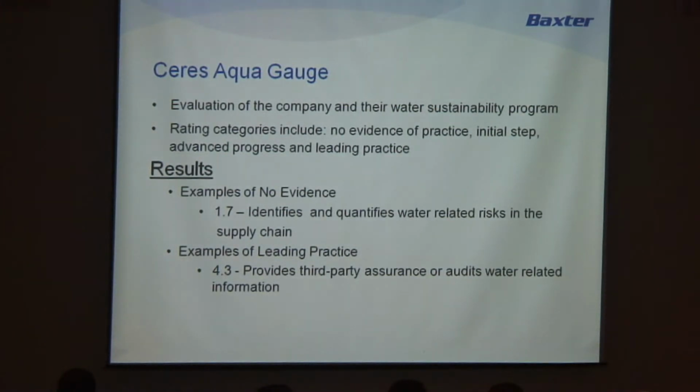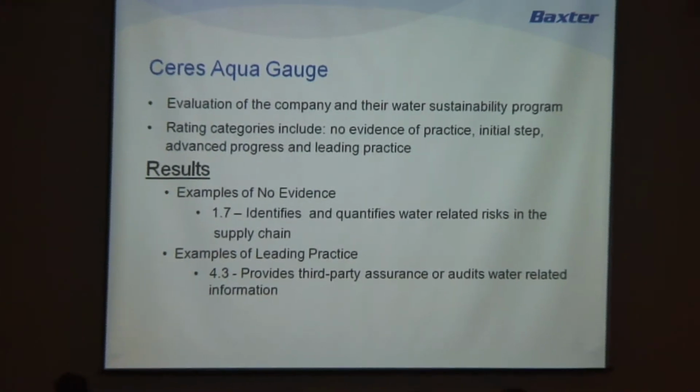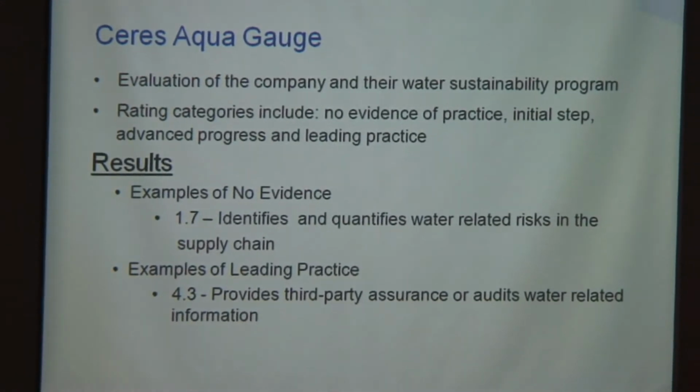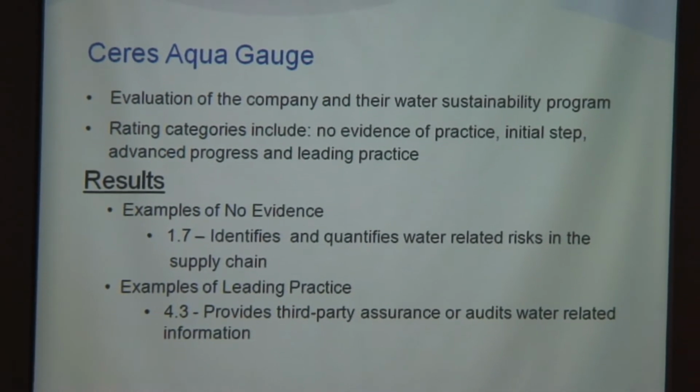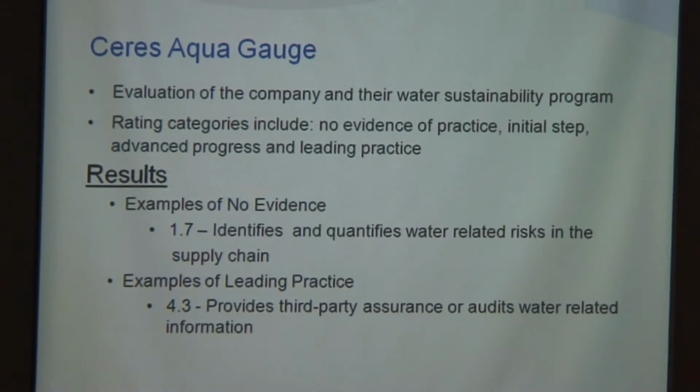The second tool I used was a tool to evaluate the company's water sustainability program. Basically, it went in categories from no evidence, initial steps, advanced progress, and leading practice. Some of the results went from 1.1 to 4.3, and 1.7 was one example of there being no evidence, and 4.3 was an example of being in leading practice.